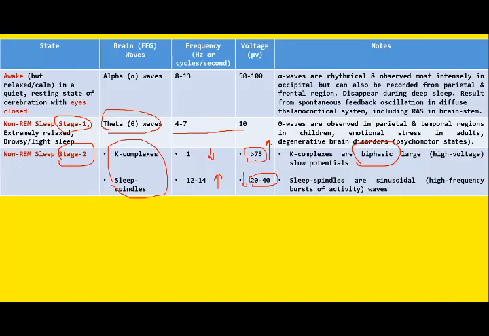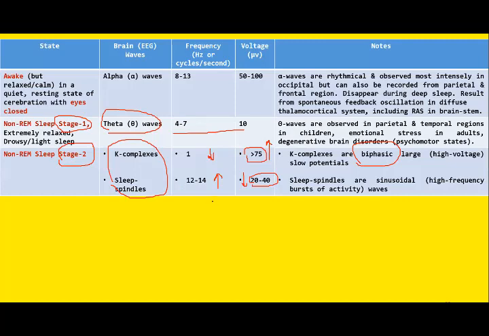Sorry for the interruption. We were discussing the EEG wave pattern in stage 2 of non-REM sleep, and we have discussed stage 2 of non-REM is characterized by two types of EEG bands, sleep spindles and K complexes.